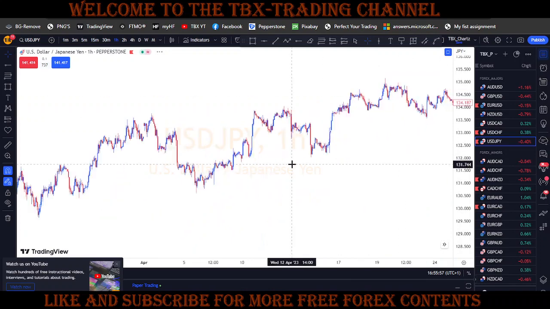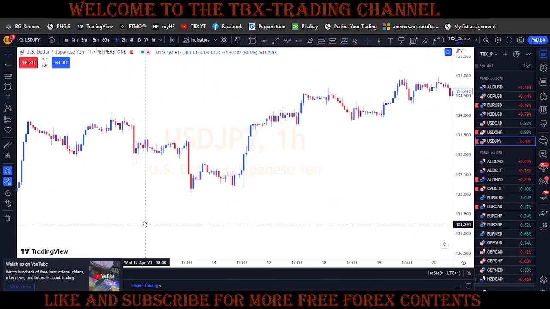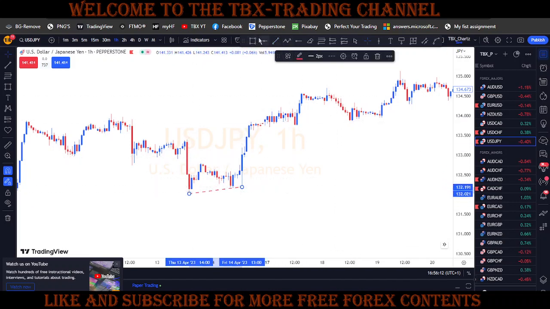Let's move back to look for something else. This is another equal low. This is another equal low. Let's extend it to the front to see what price did when it got to this equal low.